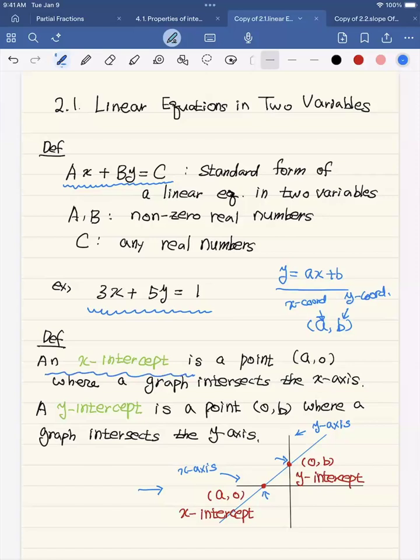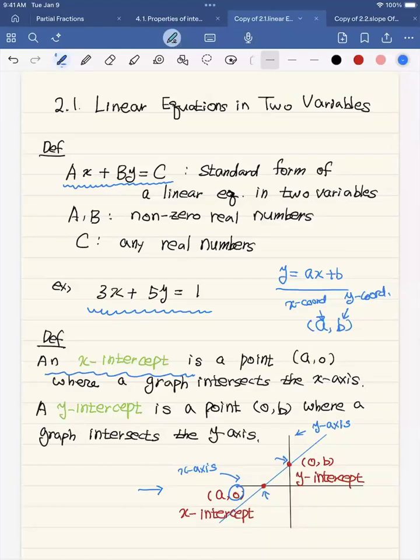The x-intercept is the point where the straight line meets the x-axis. So at the x-axis, the y value is 0. So the x-intercept's y value is always 0.